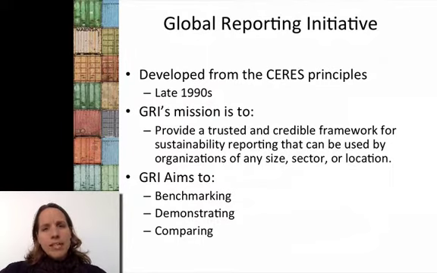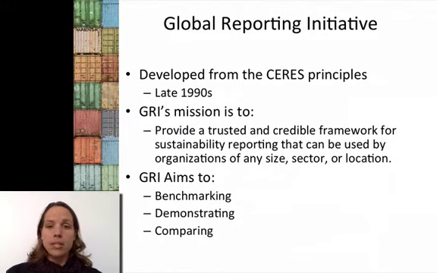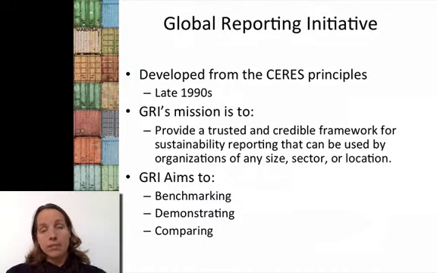And the aim of the GRI is really to provide this framework for organisations to give their environmental reports in a way that's both credible, trustworthy, and it can, as I said before, it can be used to benchmark and demonstrate their environmental performance and their social performance also, and also to compare across time.